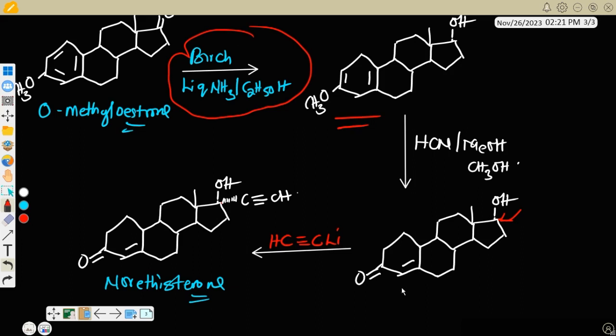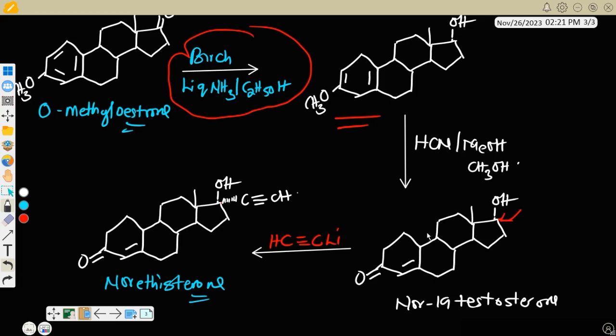Now, this structure you see here is called nor-19-testosterone. Why is it nor-19-testosterone? This is the structure of testosterone. Testosterones are androgens, and androgens have 19 carbons, right?